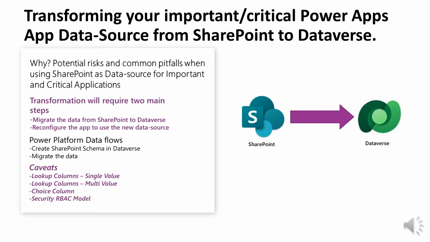We'll be discussing all of this and the best way to move the data. Part of this video will go through some of the automations that I've created to help make the manual steps as limited as possible, which I will also share with you so you can use them to move the data and to reestablish the relationships for single value lookups and multi-value lookups.